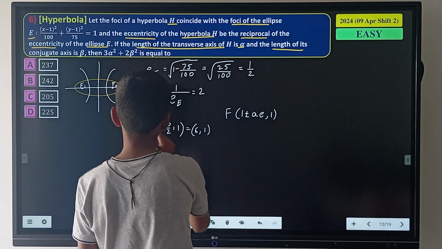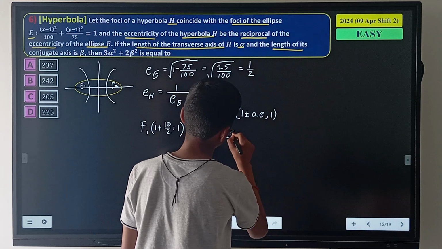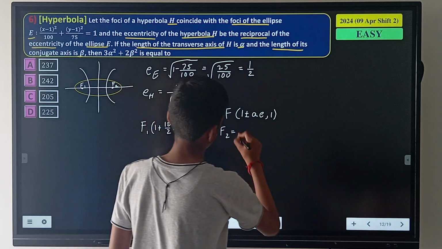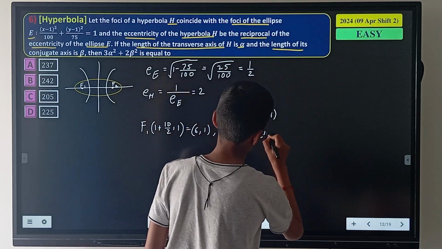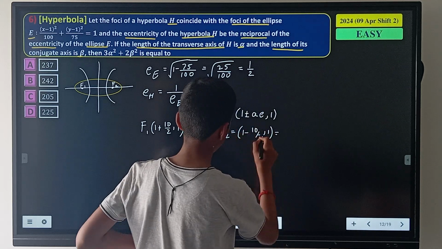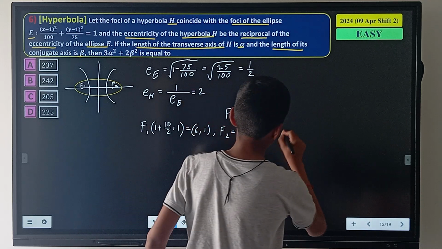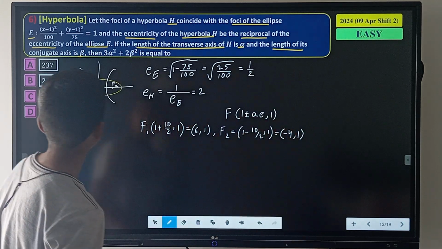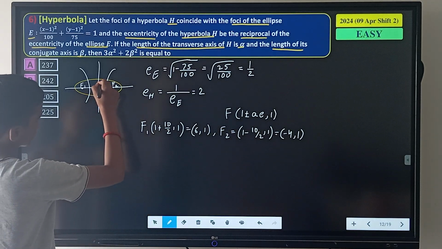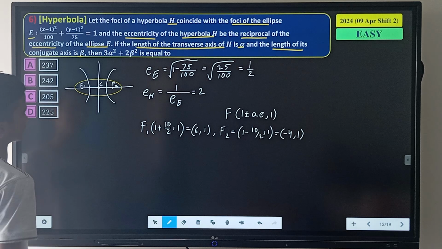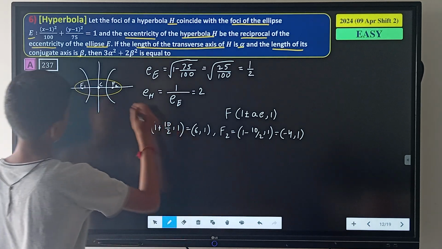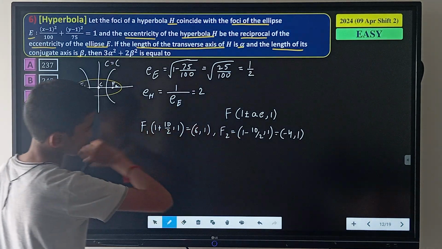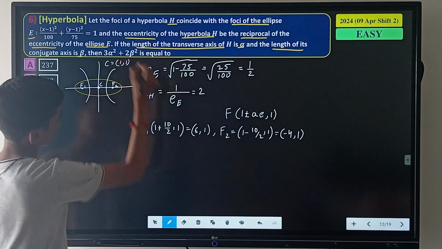And now I will find foci 2. Foci 2 will be equal to 1 minus 10 upon 2 comma 1. This is equal to minus 4 comma 1. So from here our center is the midpoint of F1 and F2, which is 1 comma 1.